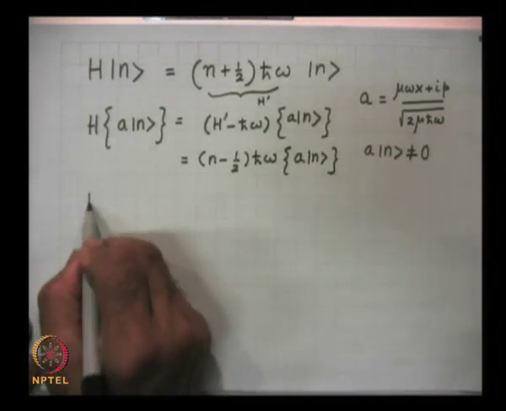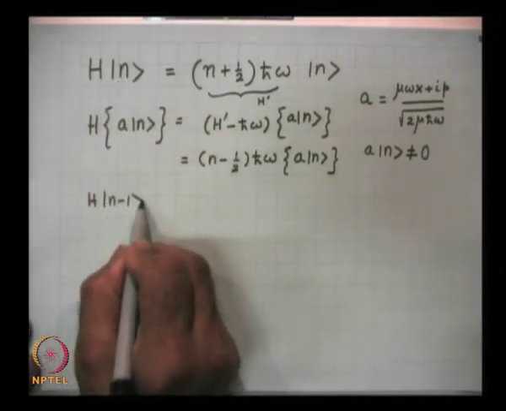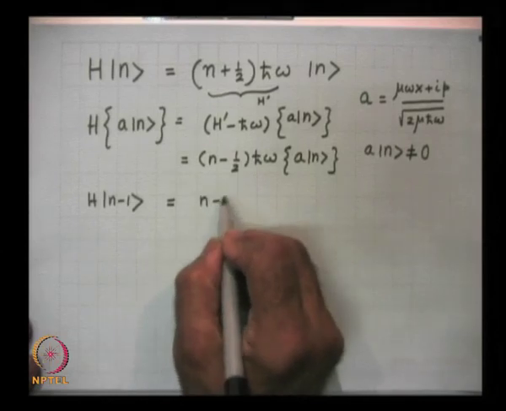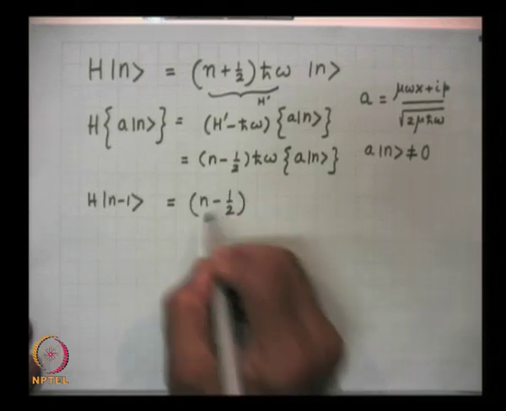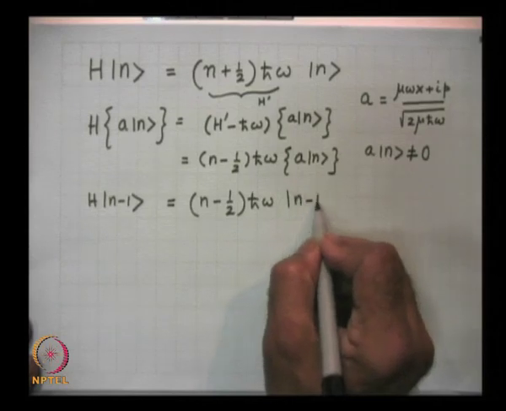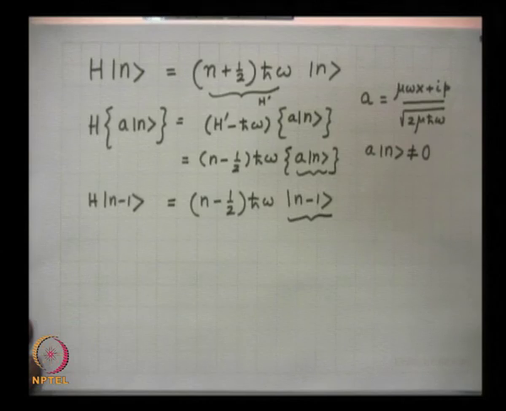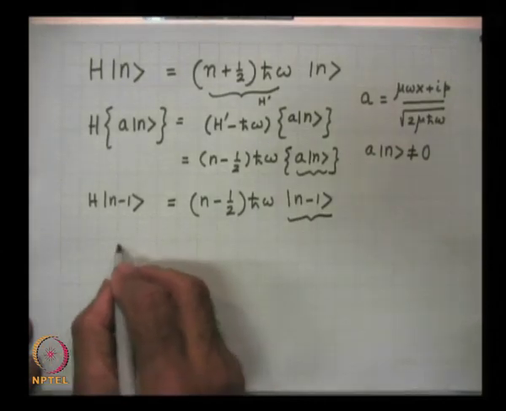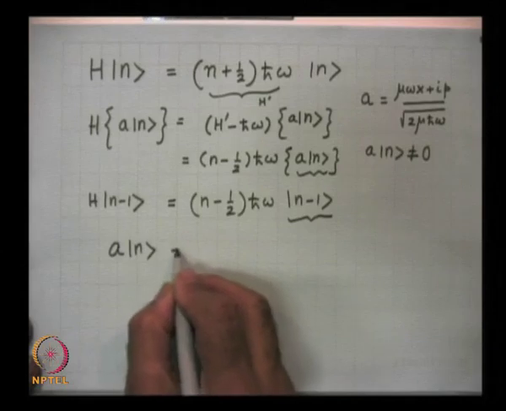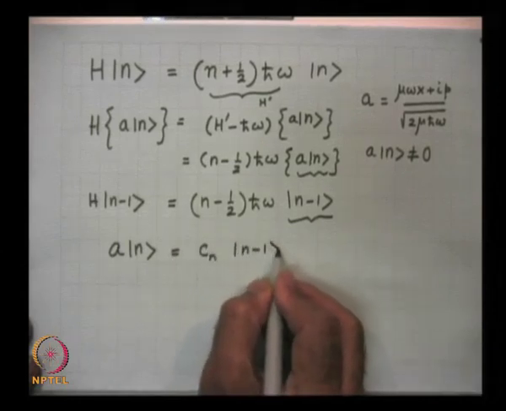Now, we also know that if I replace n by n minus 1, this becomes n minus half h cross omega. So, this must be a multiple of this. So, I should have a ket n must be a multiple of ket n minus 1.